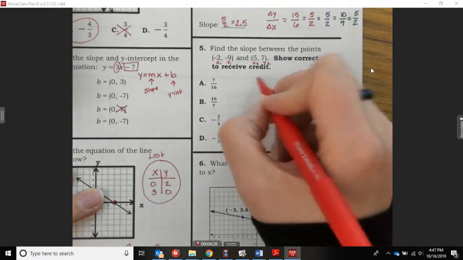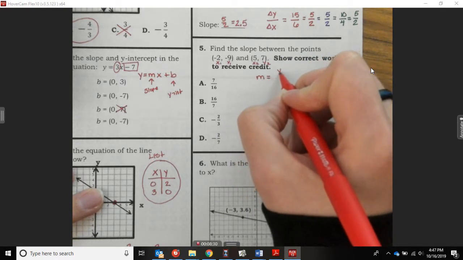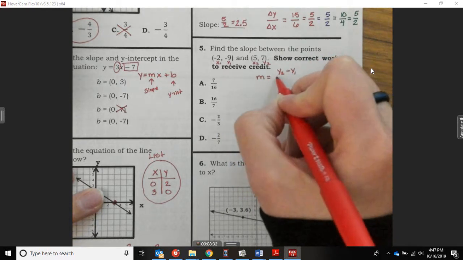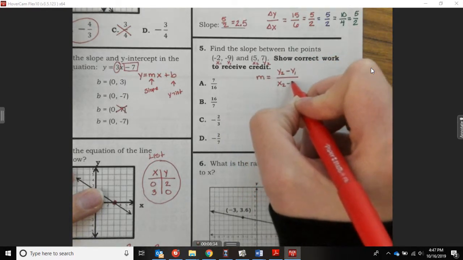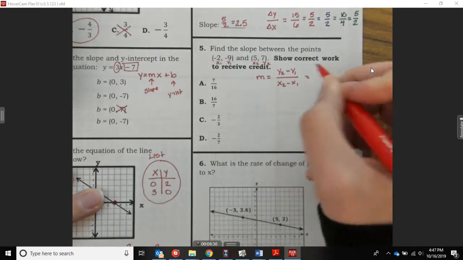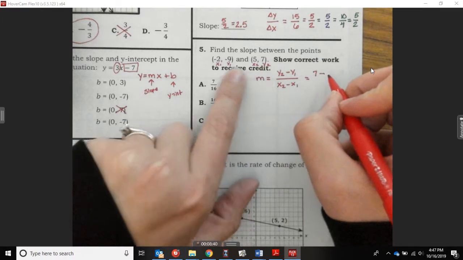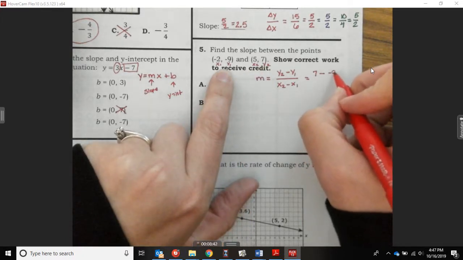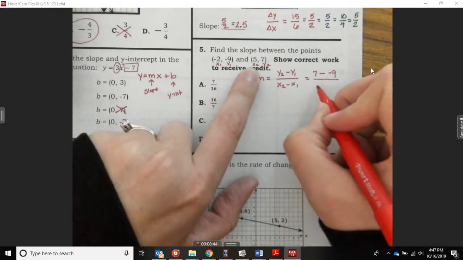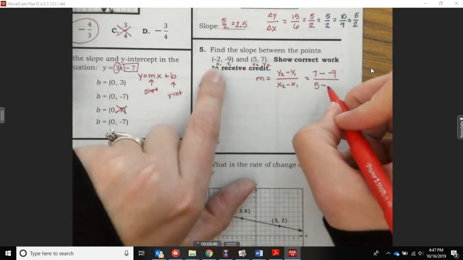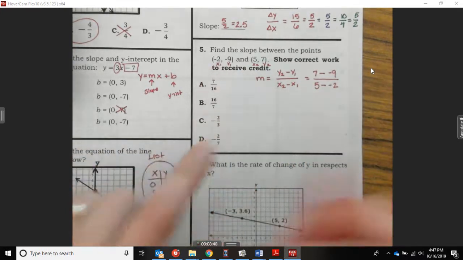If you did, the formula is y2 minus y1 over x2 minus x1. And you would just plug the numbers in. y2 is 7, minus y1 is -9, over x2 is 5, minus x1 is -2.